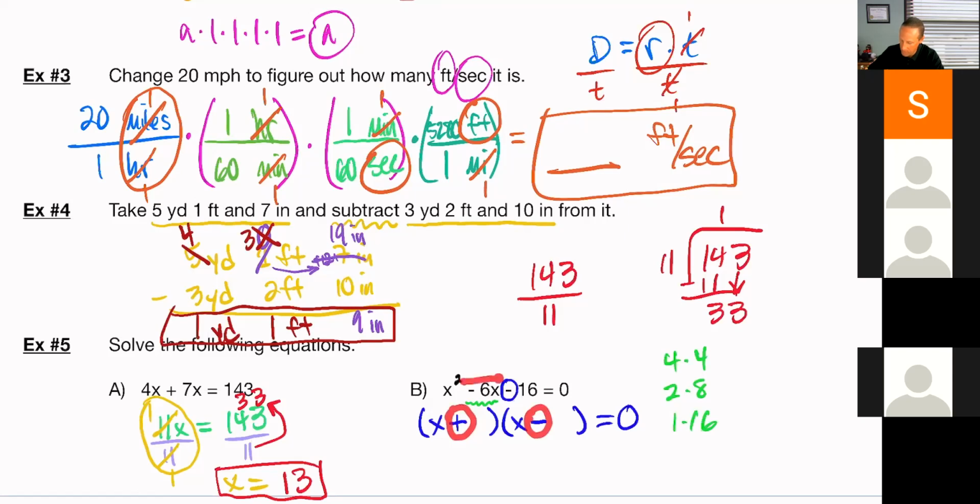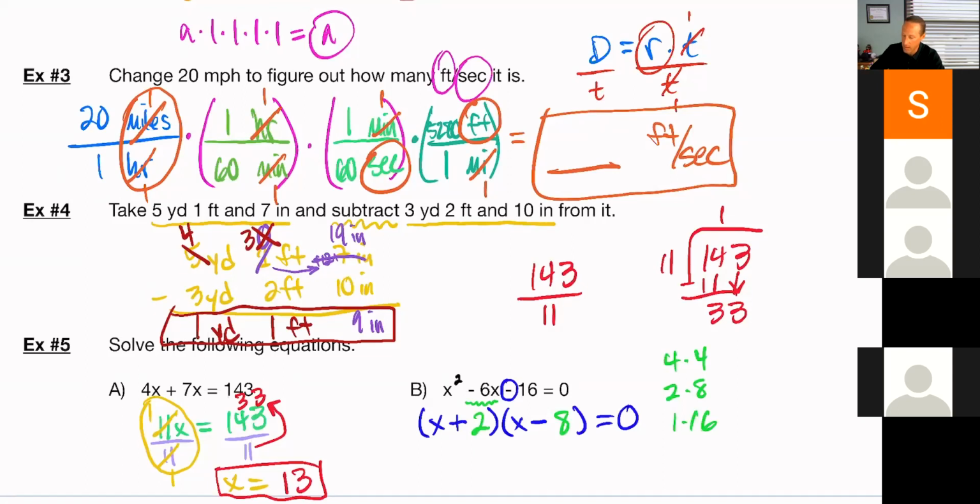That gives you, careful, a -6. And it has to be -6. So which one would have to go where? Well, if you just look at the sign in the middle, that tells you that the bigger number has to go with that. So I'd have to have a -8 and +2 to get my -6x in the middle.